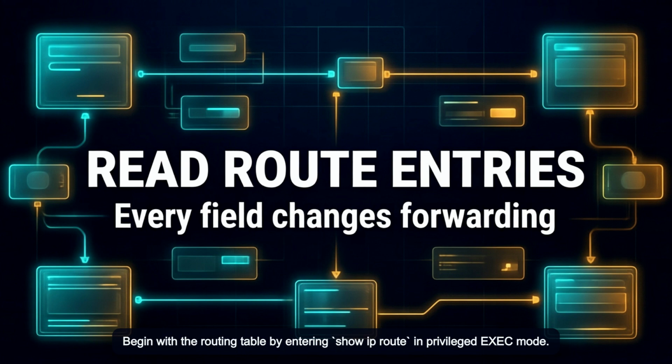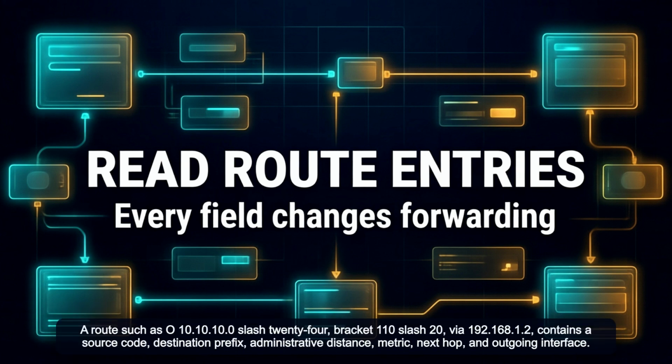A route such as 10.10.10.0/24 [110/20] via 192.168.1.2 contains a source code, destination prefix, administrative distance, metric, next hop, and outgoing interface.